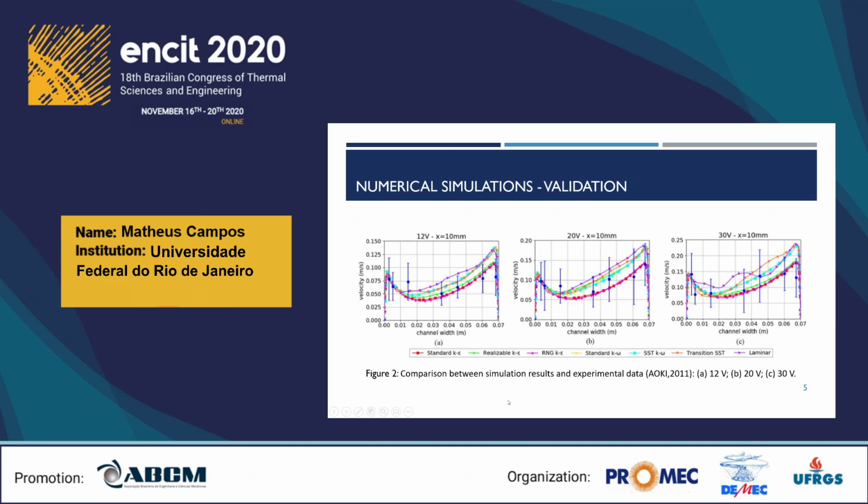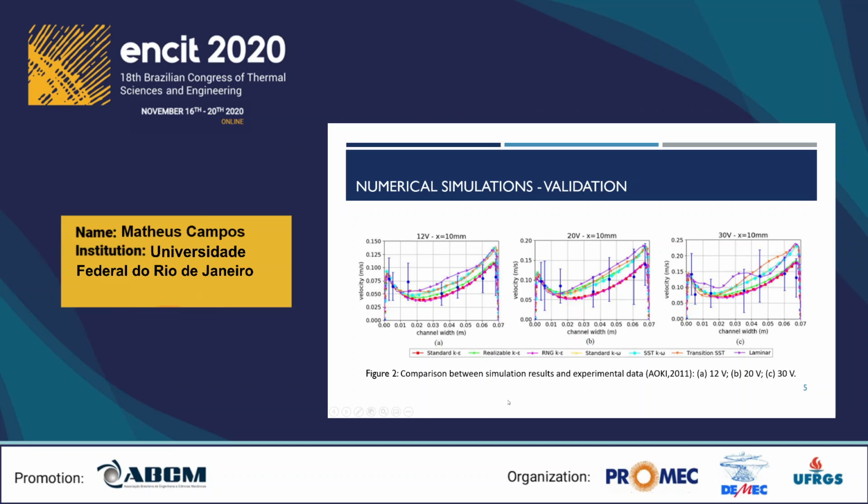The model validation consisted of a comparison between simulated results and experimental data available in a 2011 work. We followed the guidelines presented by the author for both the experiment and the boundary conditions. In this work, the authors used a DC pump operating with three different voltages of 10, 20 and 30 volts.